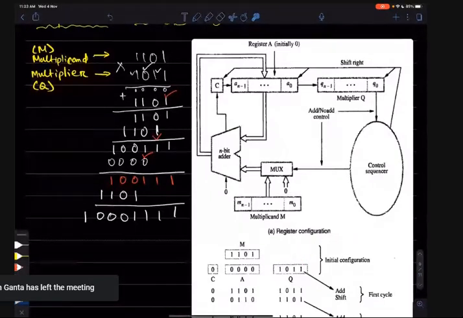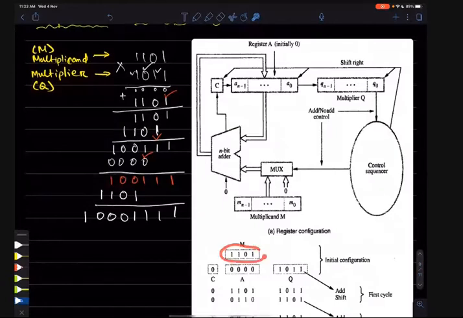What will happen here? M contains 1101 in this example. Q contains 1011. A contains 0 0 0 0 because it is the initial value.